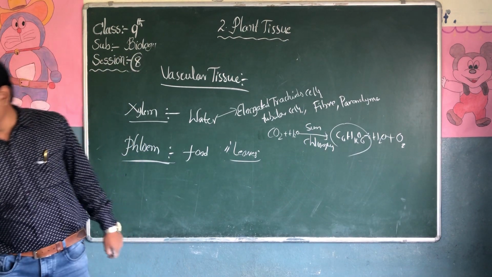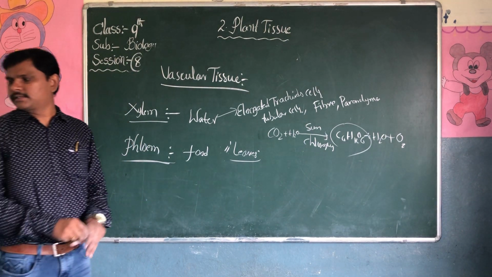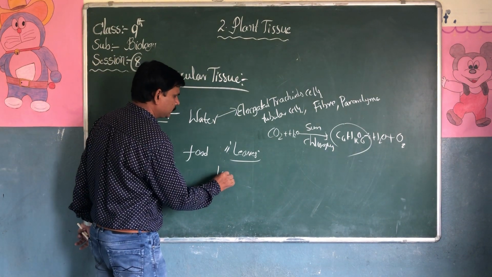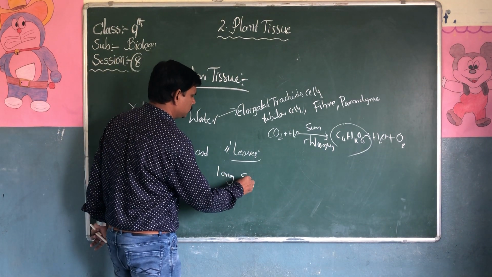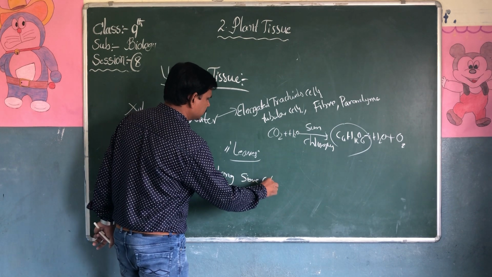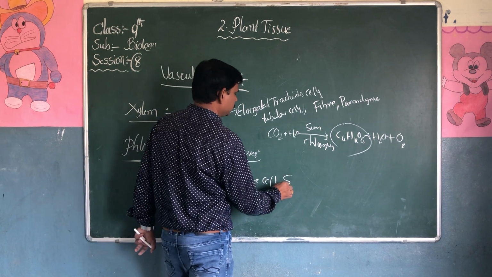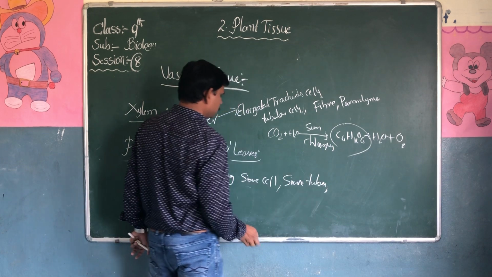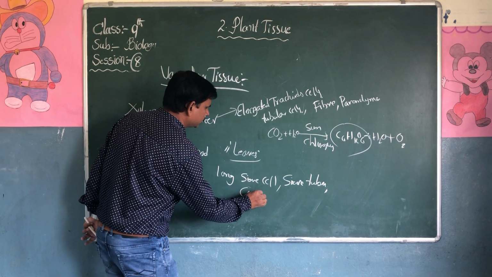Phloem contains long sieve cells, sieve tubes, companion cells.